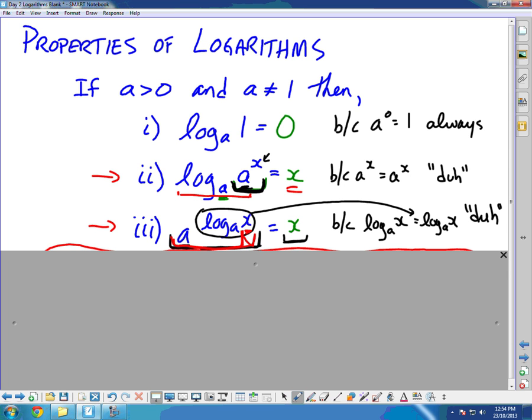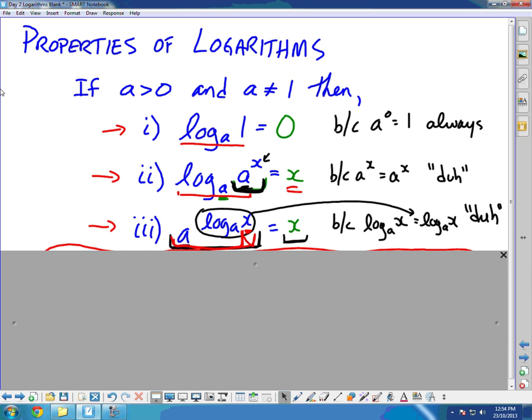And then of course the first one, anything to the power of 0 is 1, so log of 1, regardless of the base, is 0. So those will pop up throughout the unit, and it's important to just remember them.